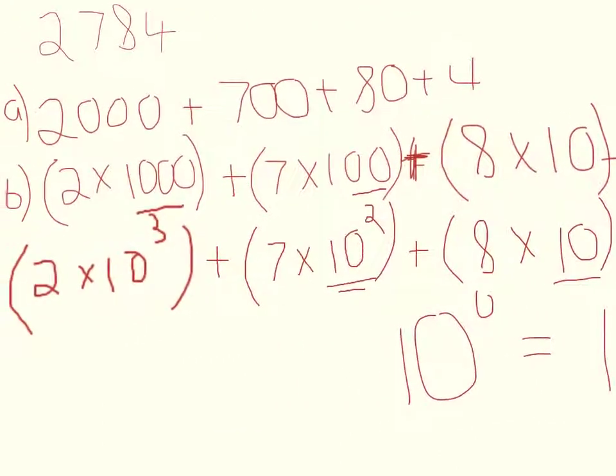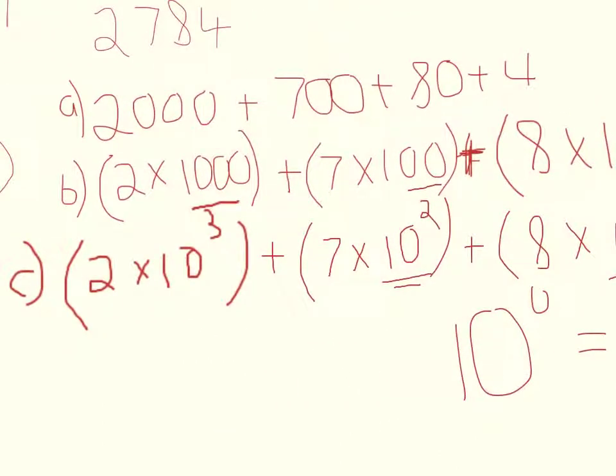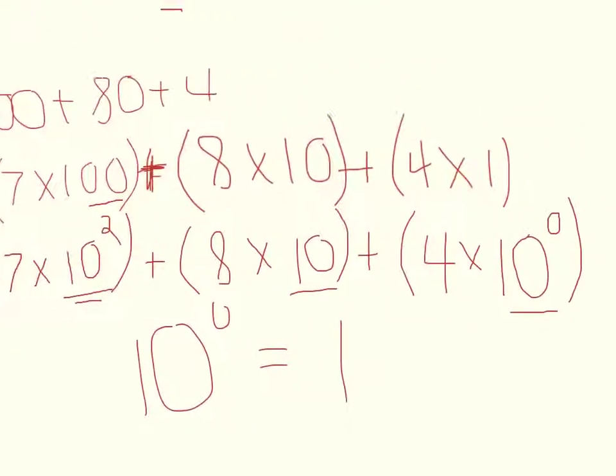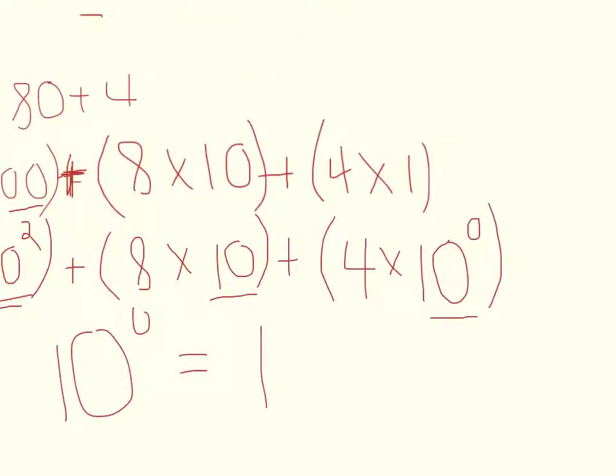And here, as you already know, 10 times 10 times 10. We have 3 tens. And that's why it looks like that. 10 to the power of 3, 10 to the power of 2, 10. I guess there could be a 1 here, and it would mean the same thing. 10 to the power of 1 is the same as 10.